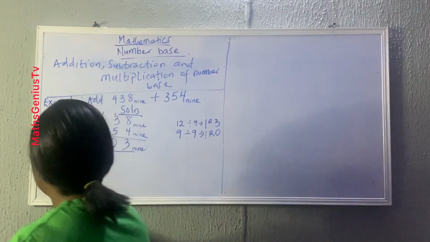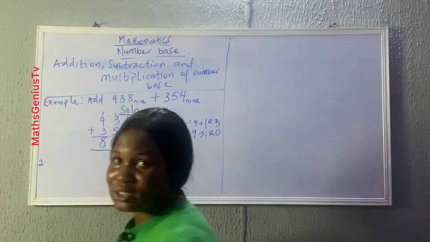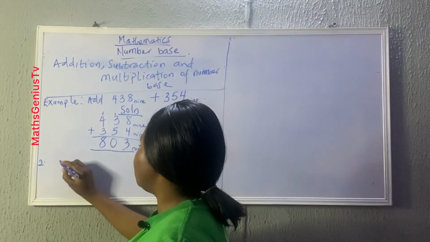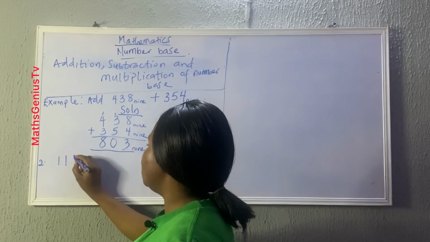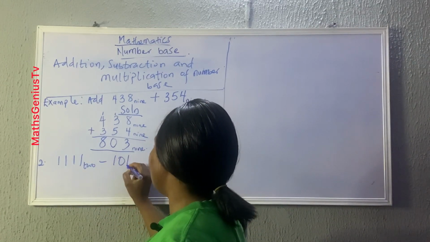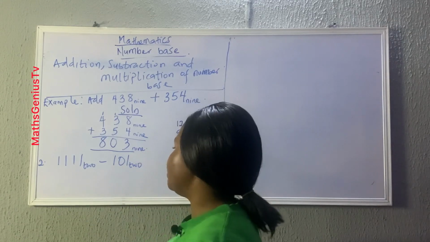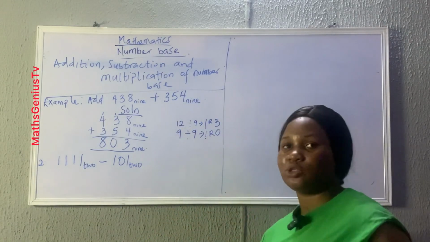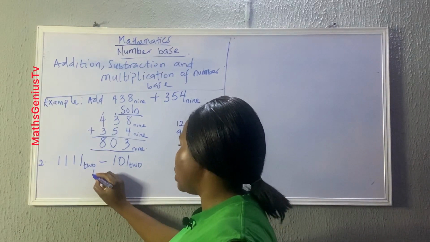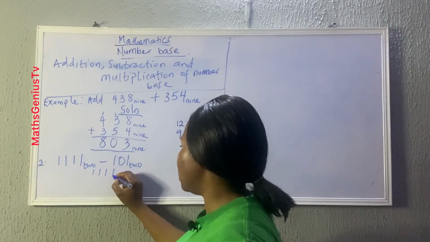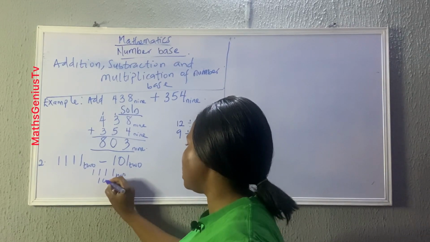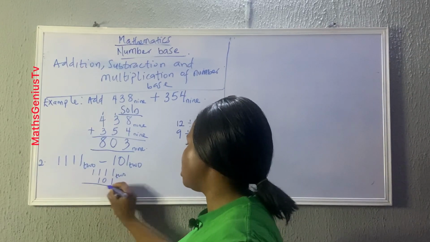Let's pick another question. This time around, it will be on subtraction. We want to subtract 1111 base 2 minus 101 base 2.